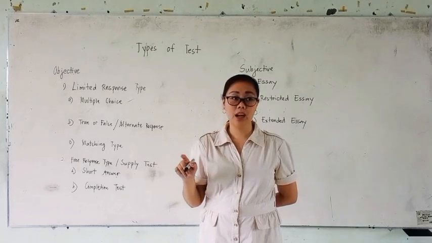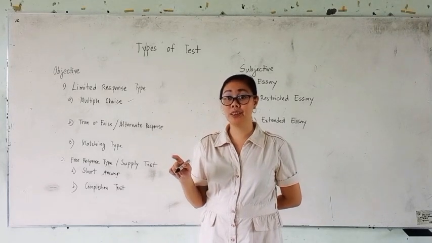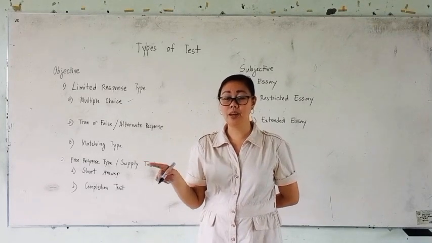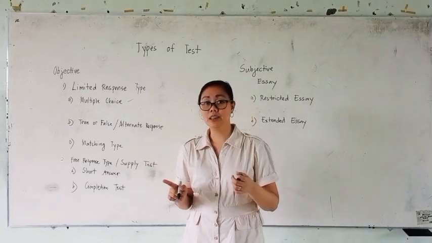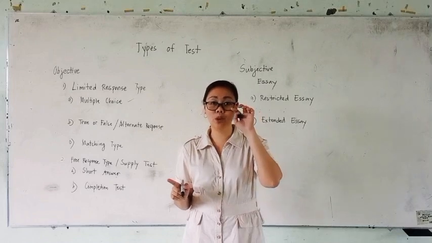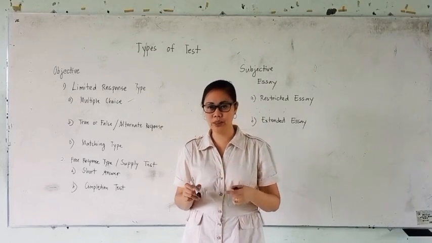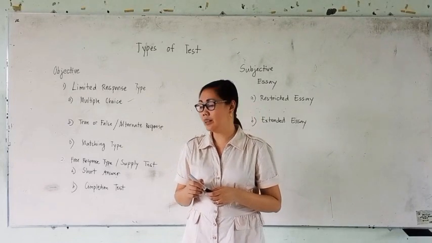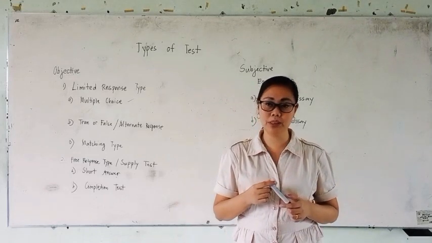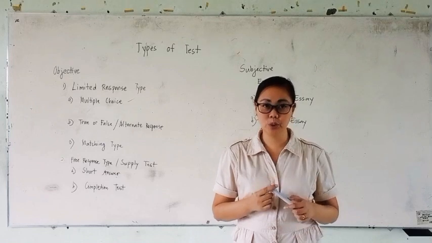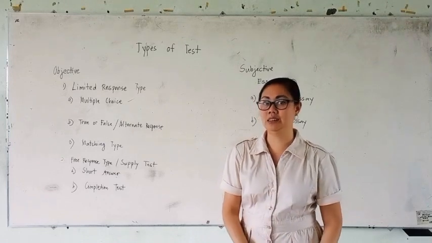The maximum number of options that you can have is 5. The minimum number of options that you can have is 3. Hindi pwedeng maging 2 because that would already be overlapping with alternate response, and it cannot be more than 5 because it will be likened to the shortest matching type test.